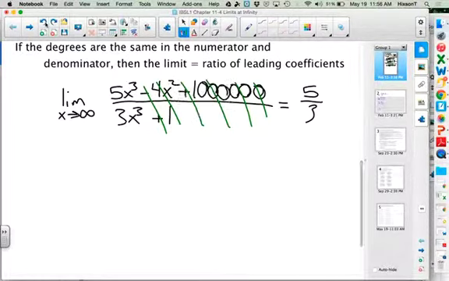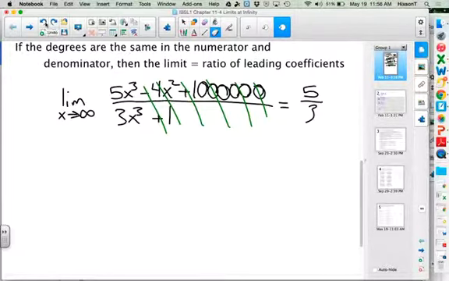The rest of these terms don't even matter because the 5x cubed and the 3x cubed are so enormous. All of this is nothing. What if you had plus infinity instead of plus 1 million? Still doesn't matter, because that wouldn't be a function.